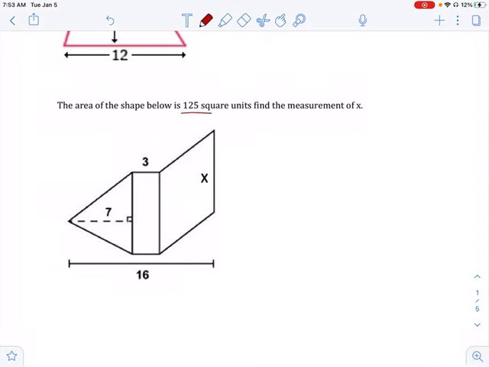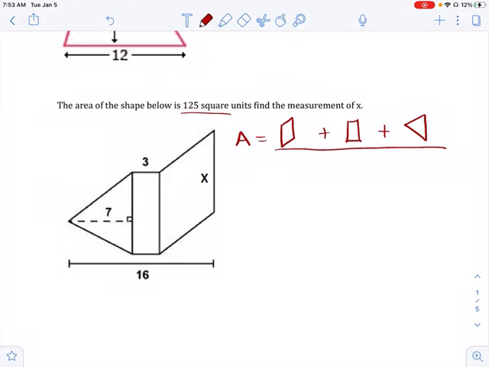And this one's semi-similar, in which the combined area here is 125 square units. What I would do is try to create an area equation for this figure. And it's going to have three different pieces. We have this parallelogram, we have this rectangle, and then finally we have that triangle.